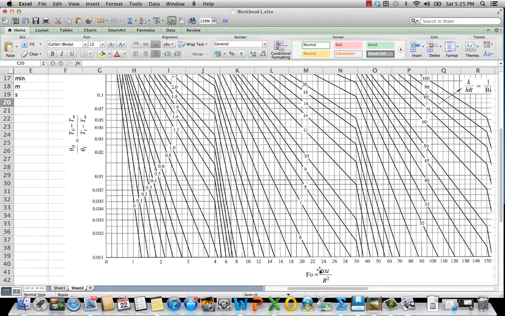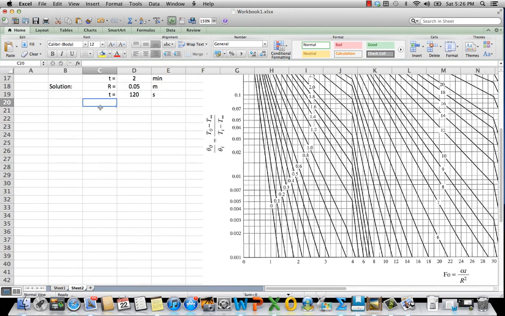I've got all that information, so I'll be able to find a value along here. I have k, h, and r, so I can find 1 over my Biot number. Then I'll be able to use that to calculate my theta ratio, and the theta ratio is going to have hidden inside there the temperature at the center. So this should be a fairly straightforward problem. I just need to calculate this value, and then come over to my graph.